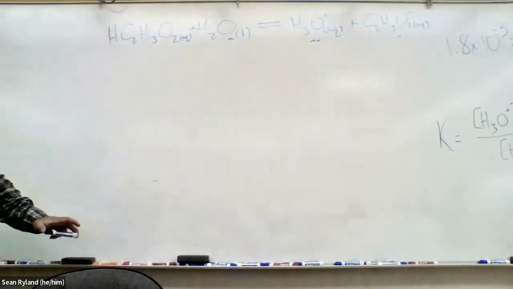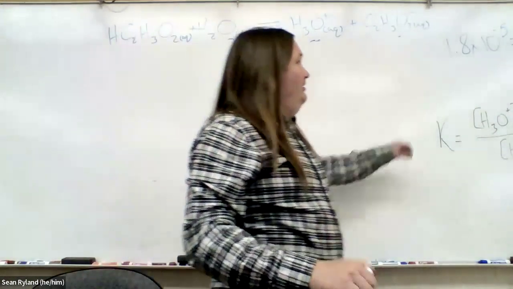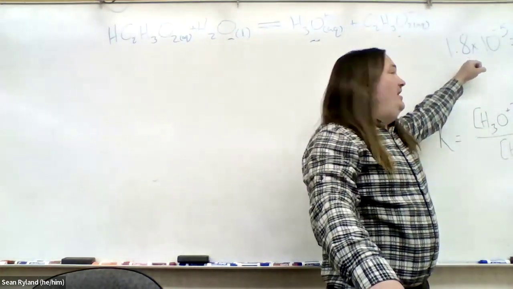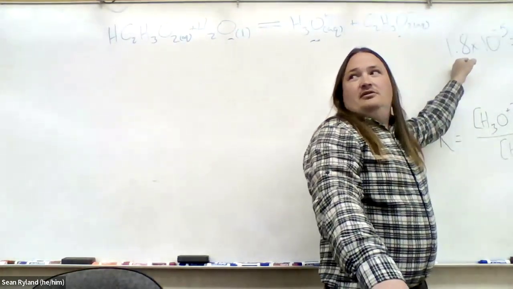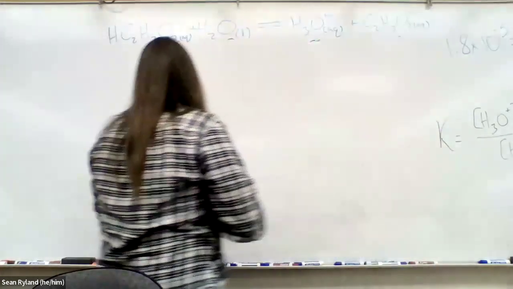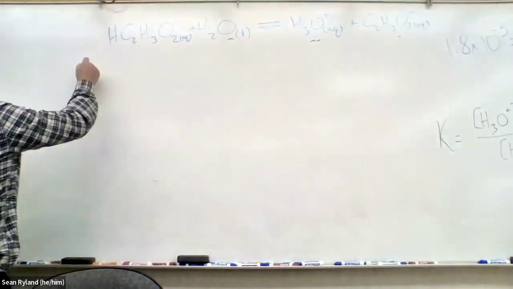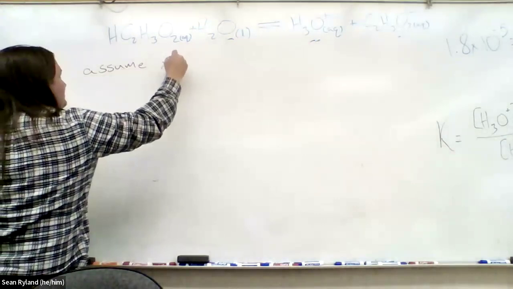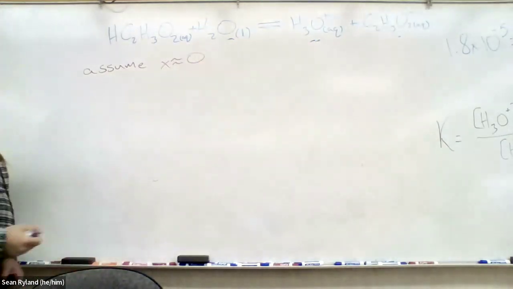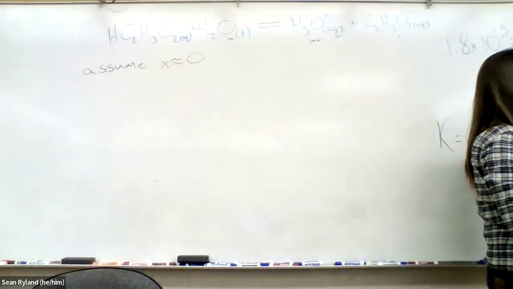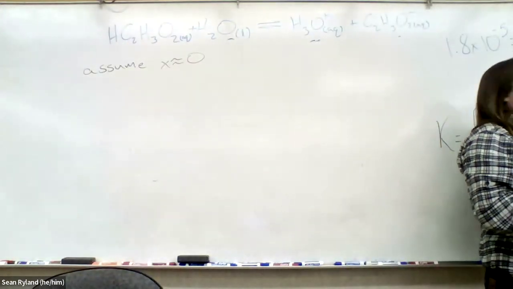Now would be a good time to plug it into a calculator, or since K is pretty small, we can assume X is 0. If X is really small, our next math step can be assume X is close to 0. If X is close to 0, we're still going to leave these X's alone, or else we won't have anything to solve for.